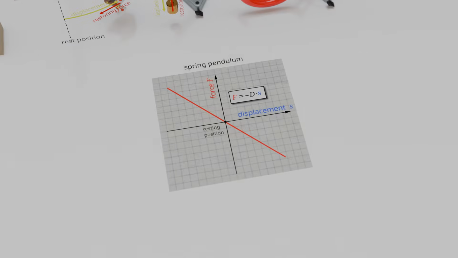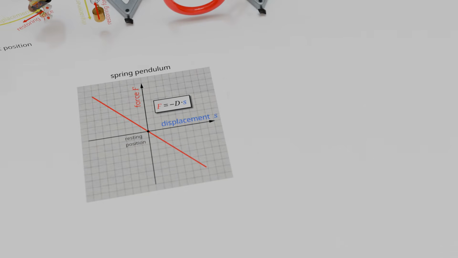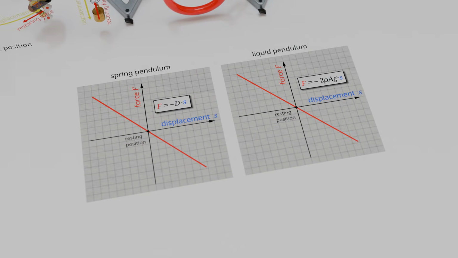In the other examples, such as the spring pendulum or the liquid in a U-tube, the restoring force is no longer constant. It is directly proportional to the displacement. For the spring pendulum, this is described by Hooke's law, which states that the restoring force is proportional to the displacement from equilibrium. The negative sign in the equation simply indicates that the force acts opposite to the displacement.